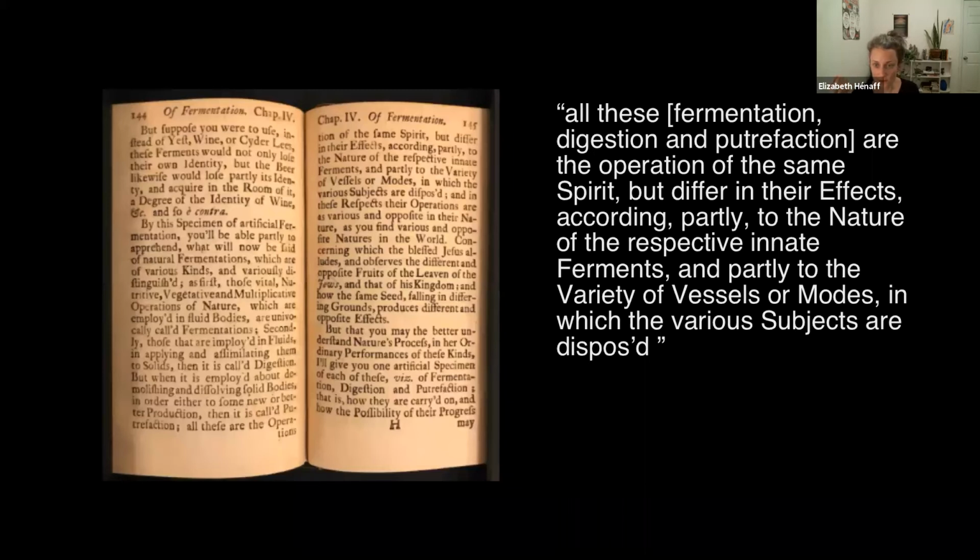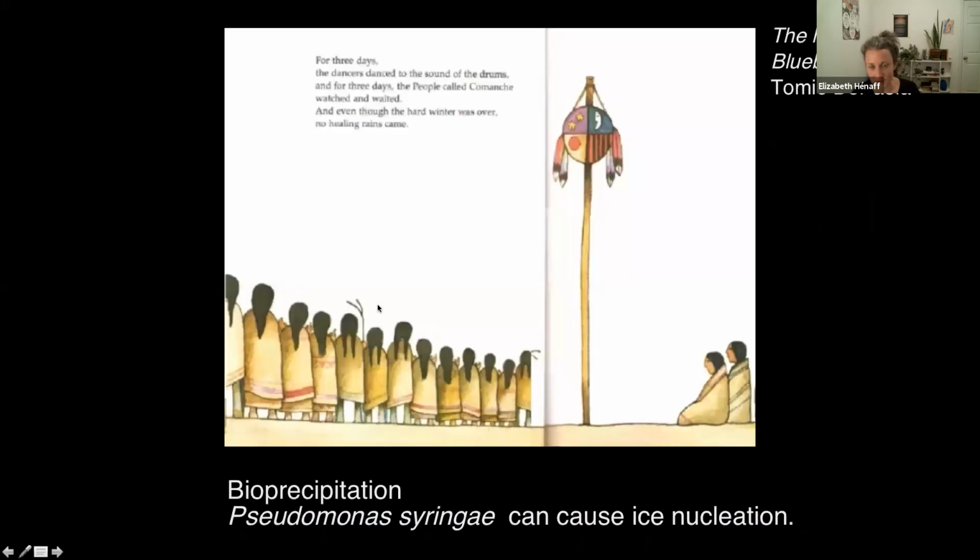So not necessarily of the substrate itself, but more so of the vessel or of the container that's used. And so if you think of all the containers that we've made for fermentation, wine jars, or the fact of burying kimchi, these are also interfaces that we have with the invisible biological world. And so I just like to leave you with one example that I find to be really compelling.